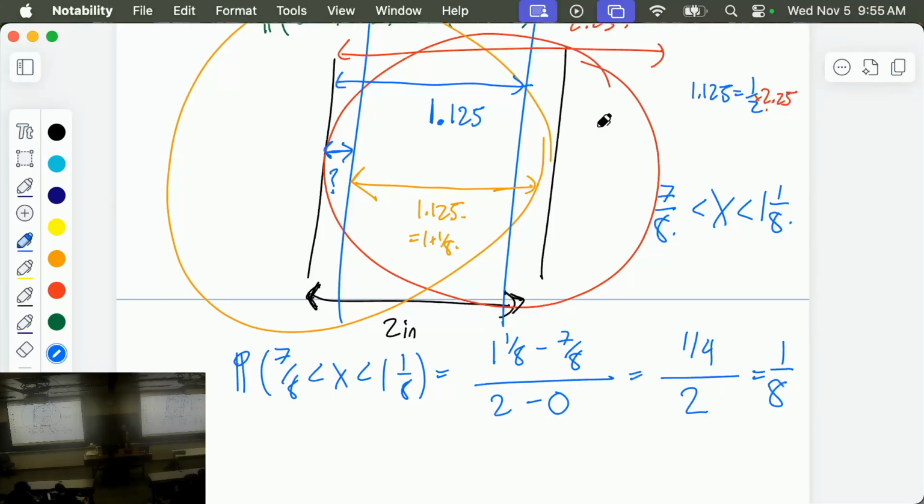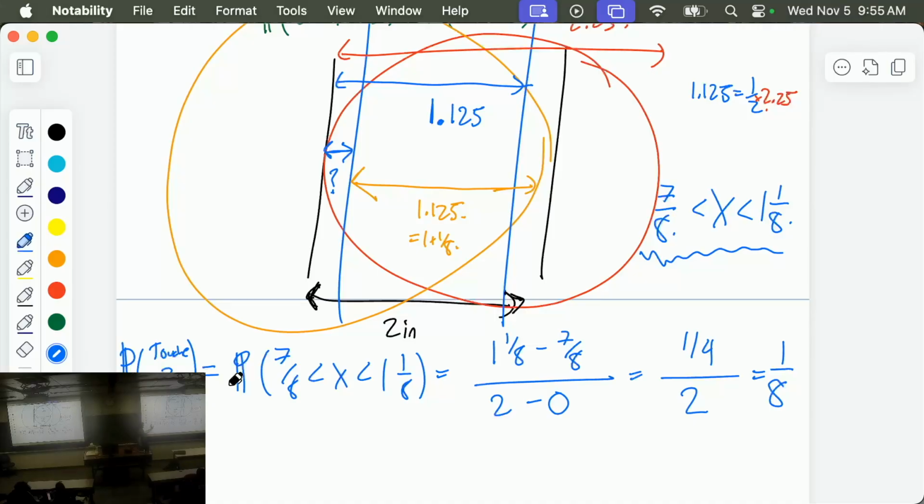What did I do at the end? Okay, so I'm doing some stuff that I talked about earlier, so I did it a little bit quickly. So we figured out that x has to be between 7/8 and 1 and 1/8. So this is the event that it touches 3. It touches 3 only when x is between 7/8 and 1 and 1/8.